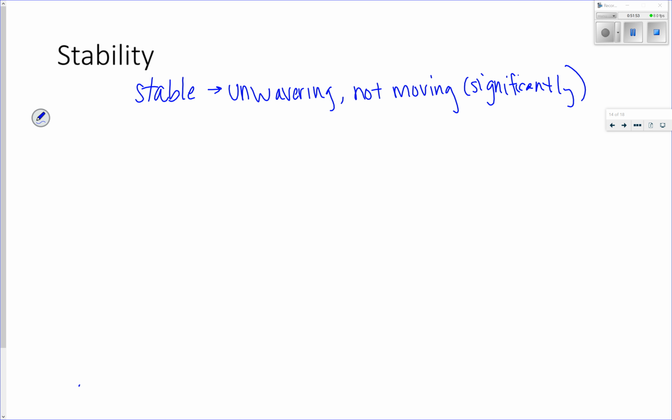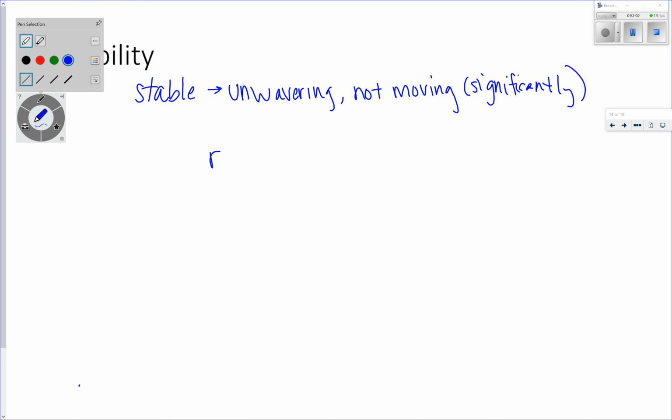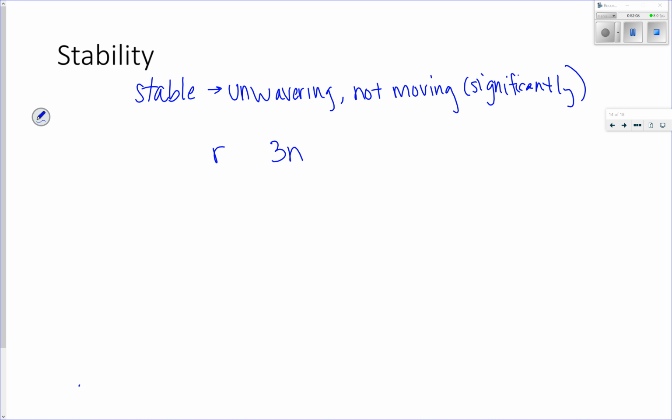How do we figure out if something is unstable? We can use those equations before. Now we're going to relate our number of reactions to our number of equations of equilibrium. If we have too few reactions, we are unstable.